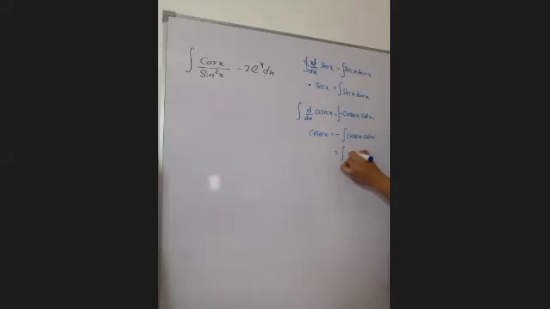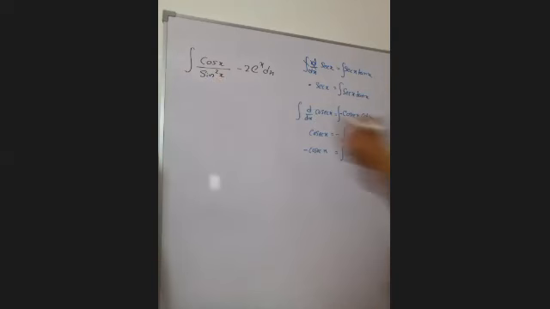Then integration of cosec x cot x becomes minus cosec x. These formulas you should know. Then you can see in our integration formats, which we learned in yesterday's lesson, there is no formula for this.